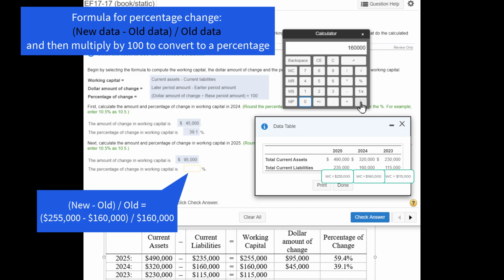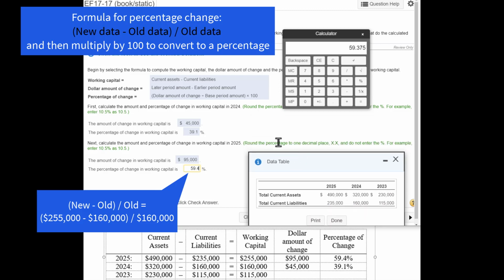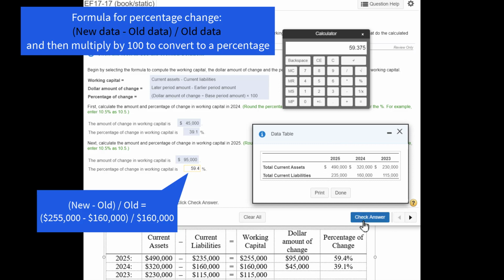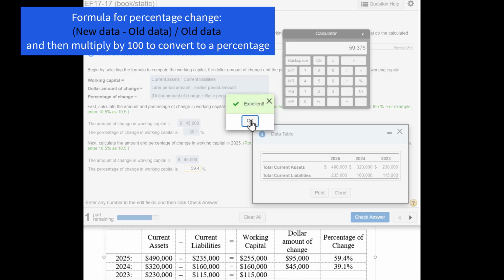Times 100 to convert it to a percent gives us 59.4%. Again, we need to round to 1 decimal place. Check our answer. Awesome.